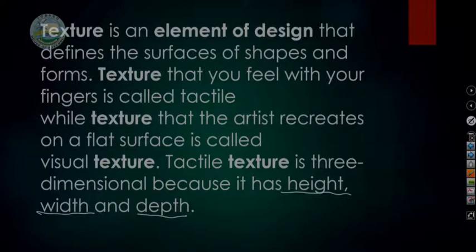So let's recap again. Texture is an element of design that defines the surfaces of shapes and forms. Texture that you feel with your fingers is called tactile texture, while texture that artists create on a flat surface is called visual texture. Tactile texture is three-dimensional because it has height, width, and depth.